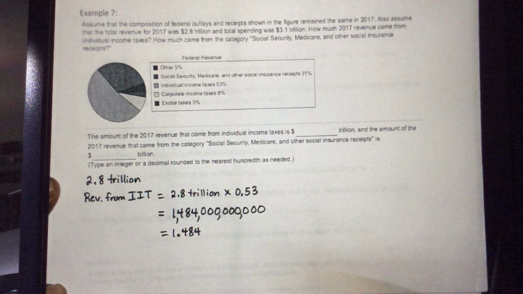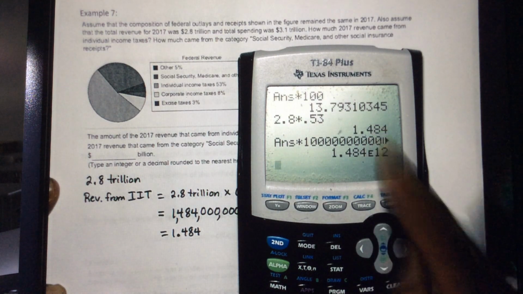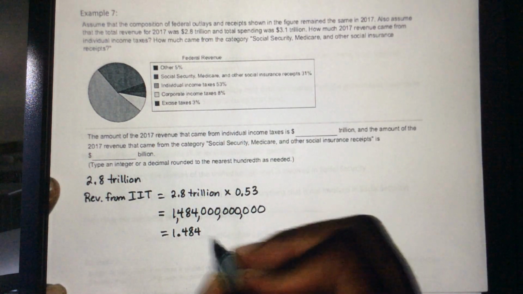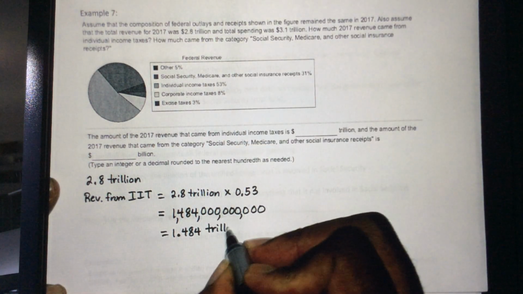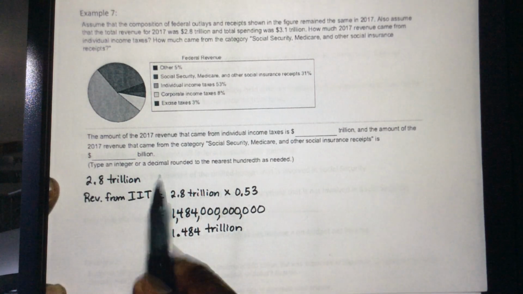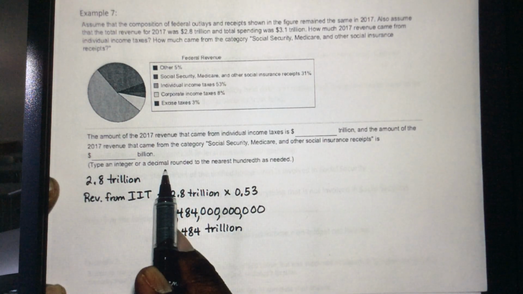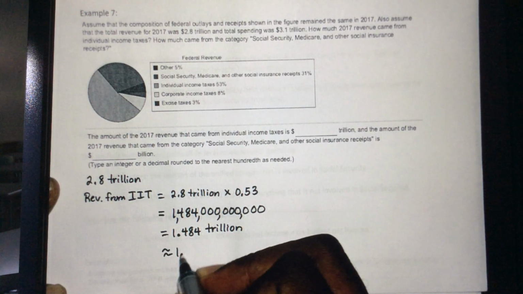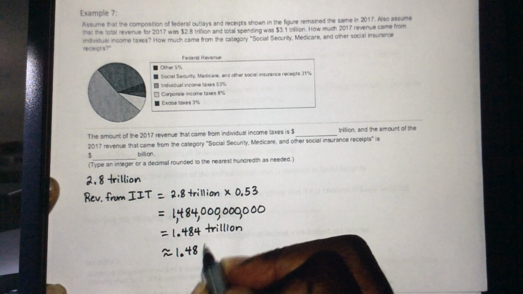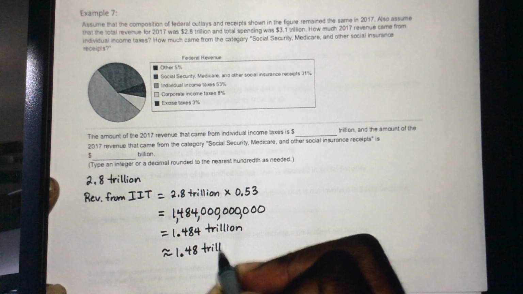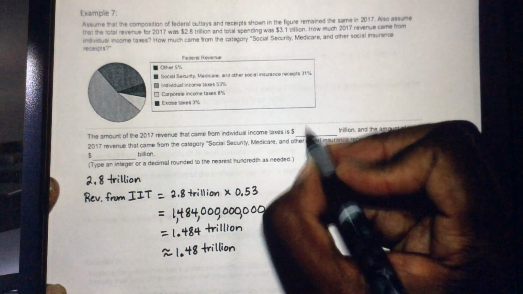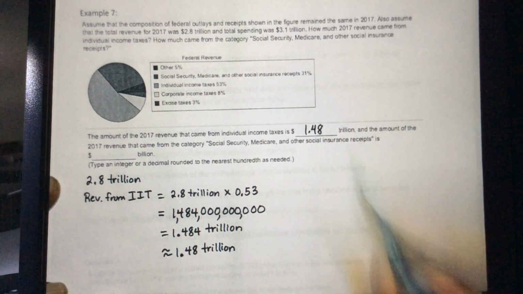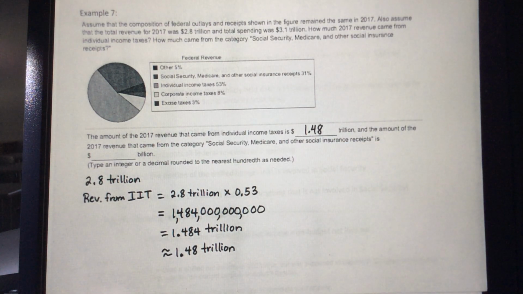As a decimal, I could leave it like that, and rounded to 2 decimal places it's approximately 1.48 trillion. That's the revenue from individual income taxes.